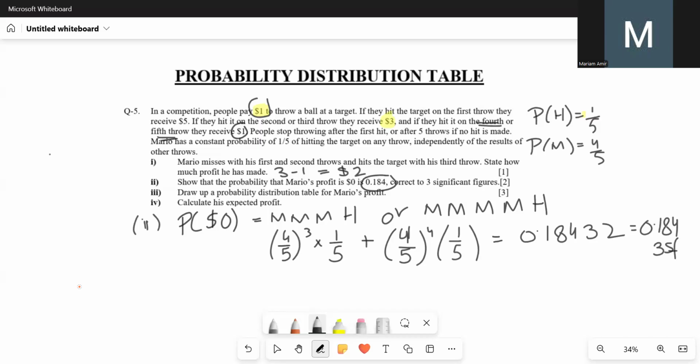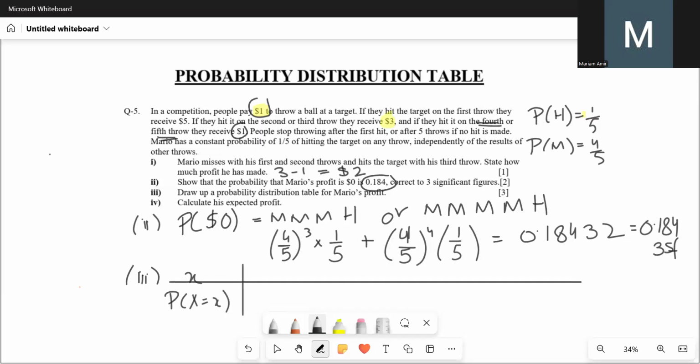Okay. Next is draw up a probability distribution table for Mario's profit. Okay, so we'll write X for the upper row and probability X equals x. Okay, what is the highest profit he can make if he hits the target on the first throw?